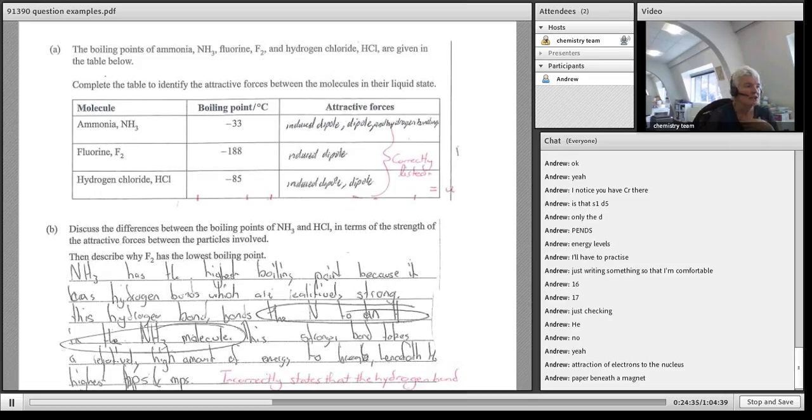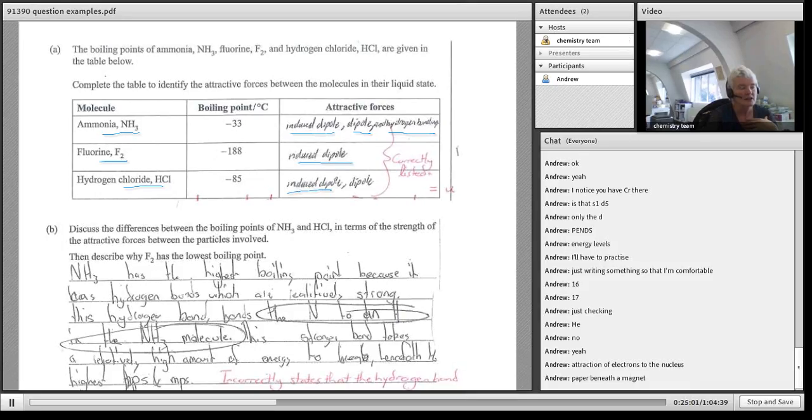So looking at this one, they ask you to write down the attractive forces in these particular 3 given molecules. Now this is a person that got excellence, and you can see why they got excellence overall, because look at the detail. They list all 3 different types.